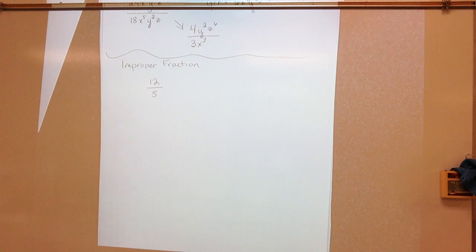It doesn't mean it's wrong, it's just not normal. So what we can do is rewrite this as what we call a mixed number. A mixed number means that I'm going to have a whole number and I possibly could have a fraction left over. So let's talk about the steps of changing an improper fraction to a mixed number.